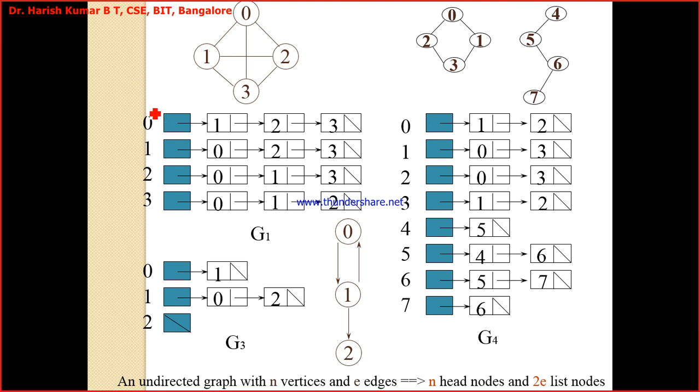Now I am taking a header node for 0. From 0 you can see here, you can go to the node 1, you can go to the node 2, you can also go to the node 3. Now I am taking 0, and to all the nodes which are adjacent to this, all the nodes which I can reach from 0, I am making a list.